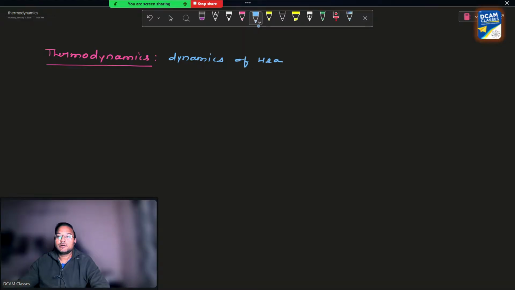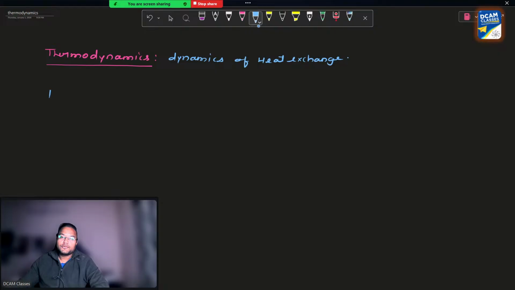In this, we actually study the heat exchange between different processes. Before we start to learn about these, we should learn its basic characteristics and basic things that we'll be constantly using or constantly talking about.